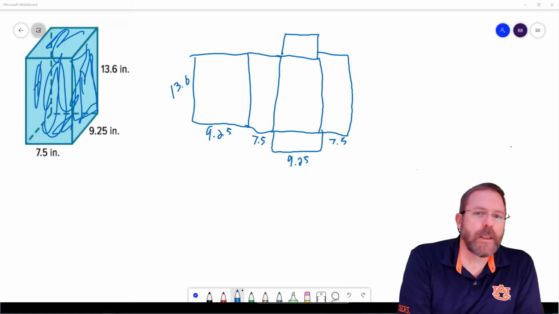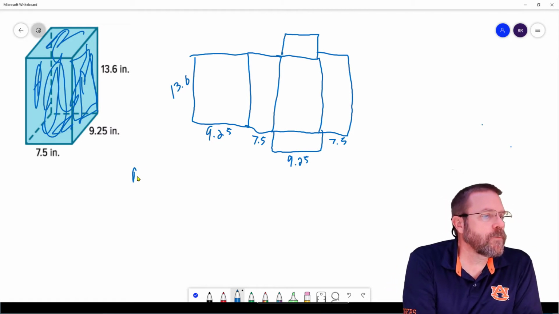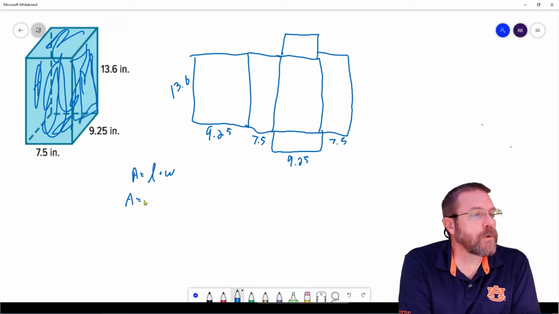Now the next thing we have to do is find the area of each one of those pieces. I'm going to start off with that big rectangle on the left. The formula for area of a rectangle is length times width, or base times height. So area is equal to a length of 9.25 times a width of 13.6.